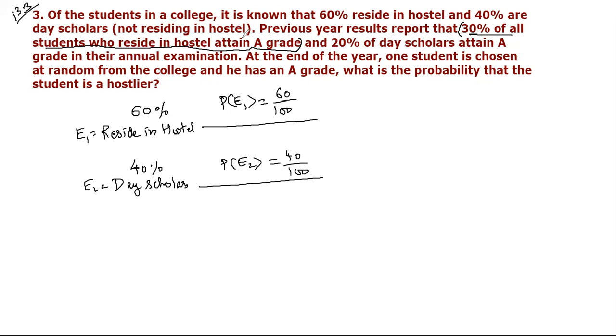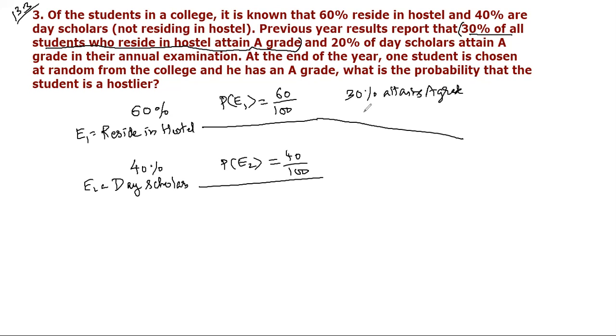Now, previous year's results show that hostelers attain A grade 30%. So 30% attain A grade.